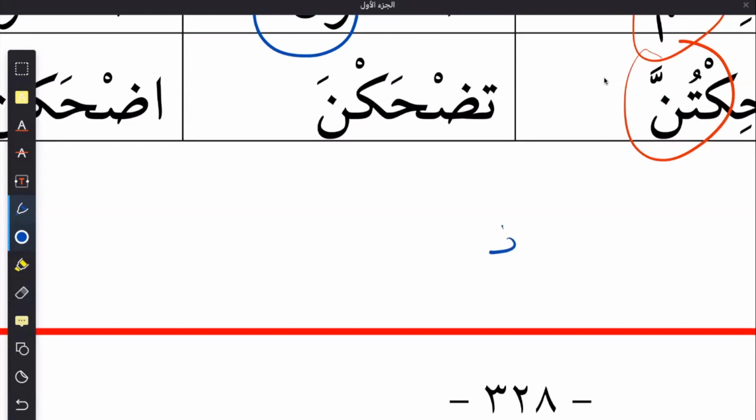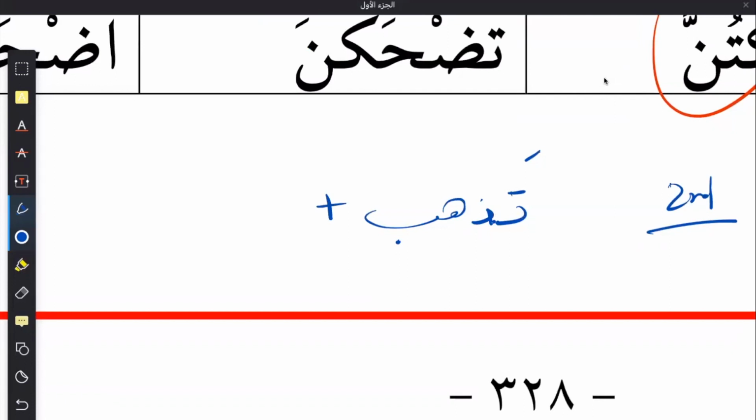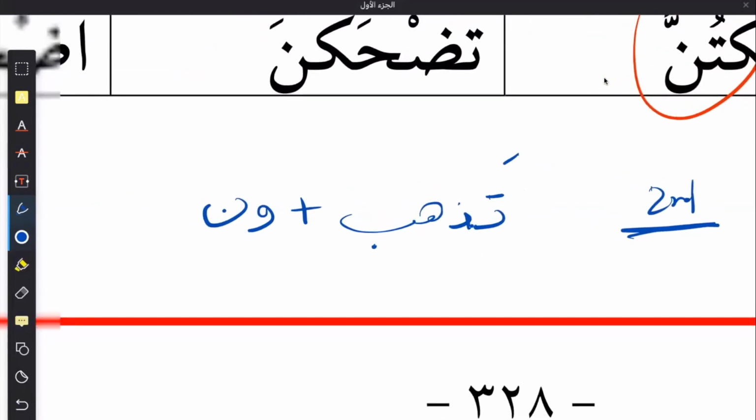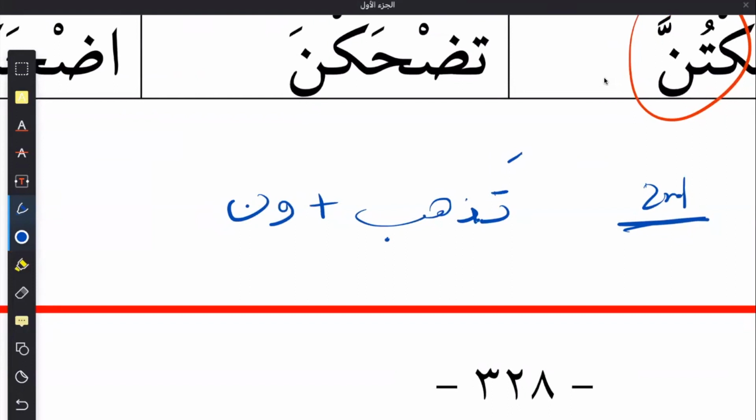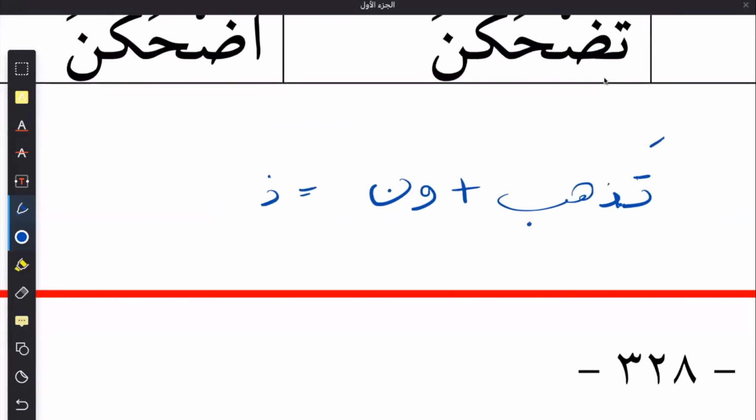So when I say tadhabu, if it's second person, this is masculine, right? For the feminine, it will be tadhabina. So in order to make second person masculine plural, we add waw and noon to tadhabu. So we have tadhabuna.